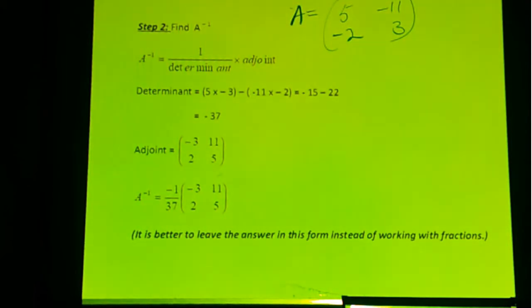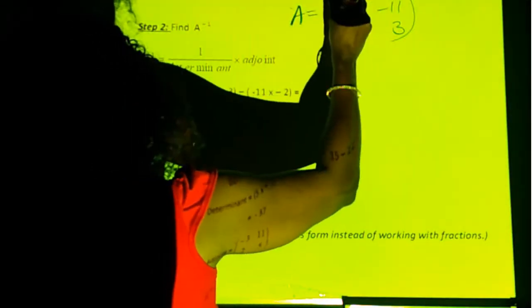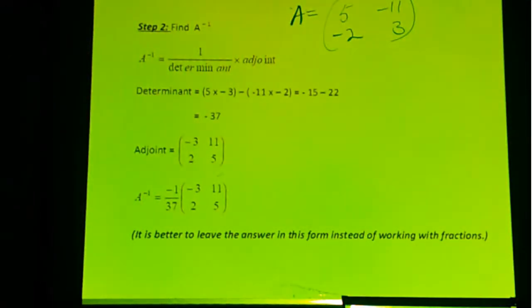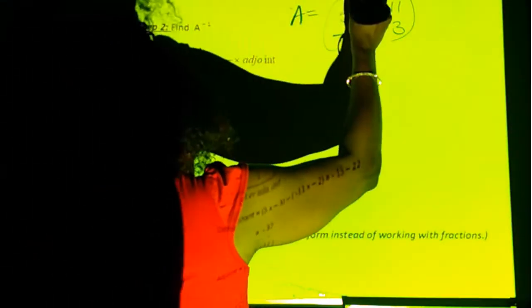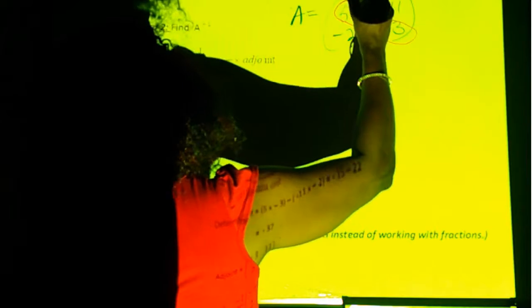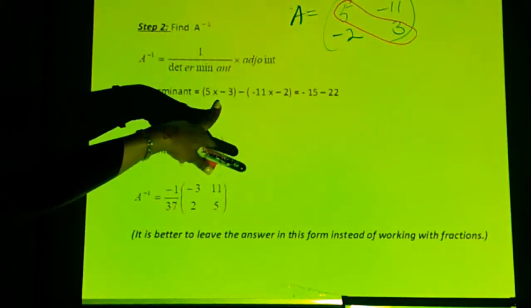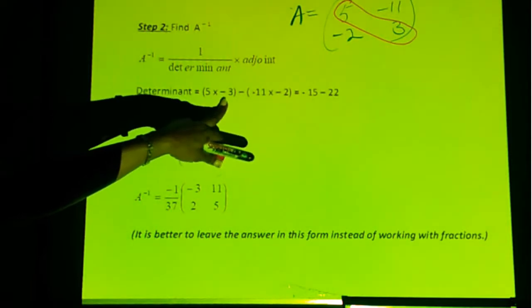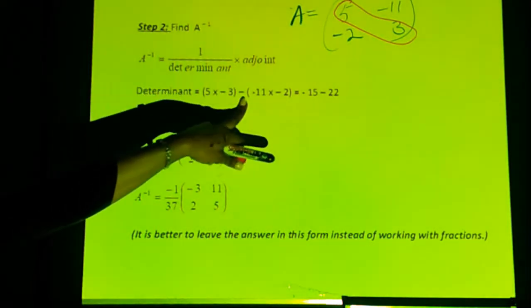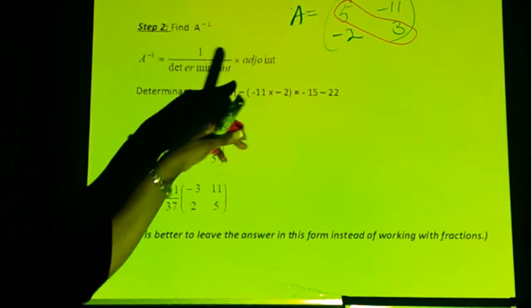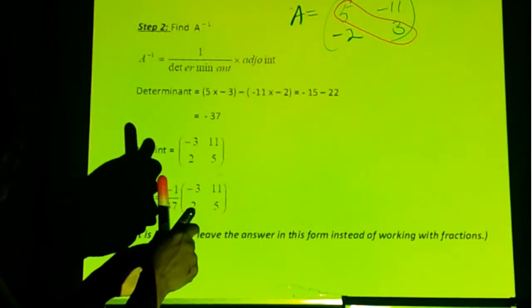How do we find the determinant? Again, our main diagonal is 5 and 3. So we're multiplying, so it's a product of the main diagonal, 5 times 3, minus the product of the minor or the non-leading diagonal.